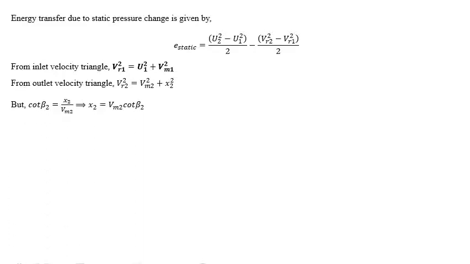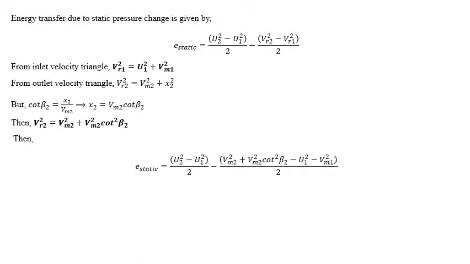But cot beta 2 is equal to the ratio x2 by Vm2, so x2 is equal to Vm2 cot beta 2. Then Vr2 square is equal to Vm2 square plus Vm2 square cot square beta 2.